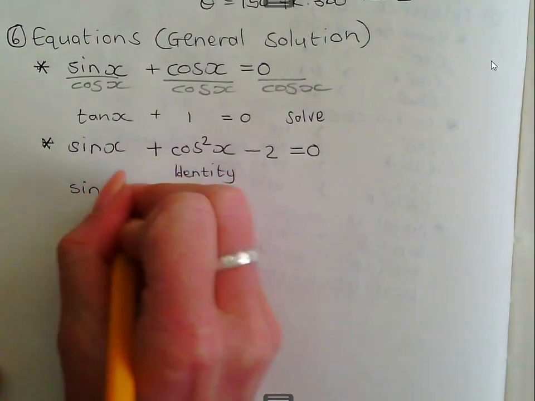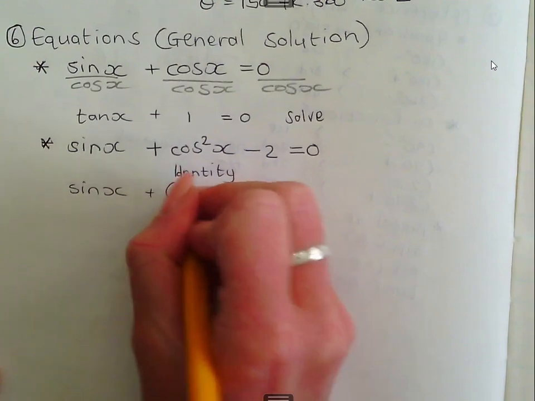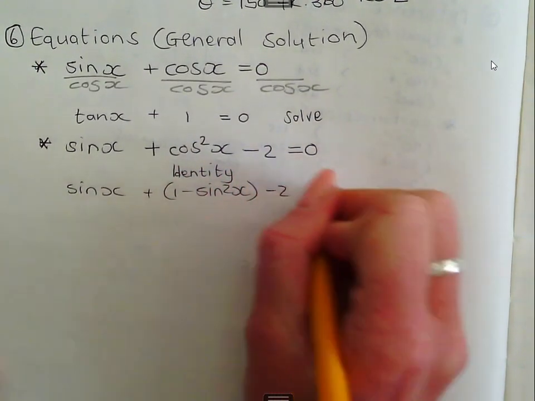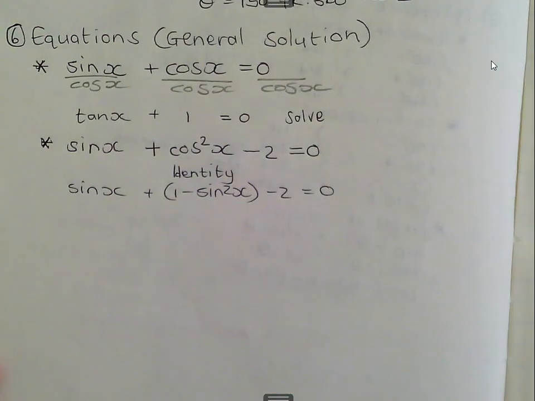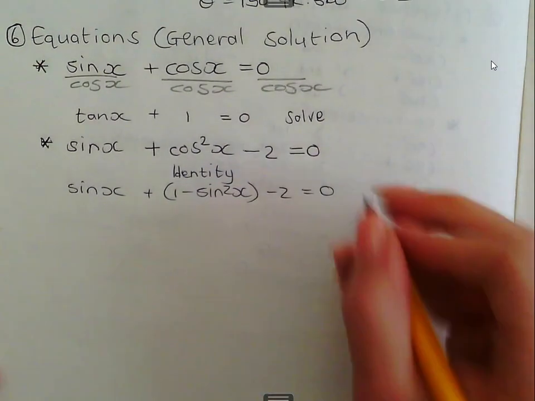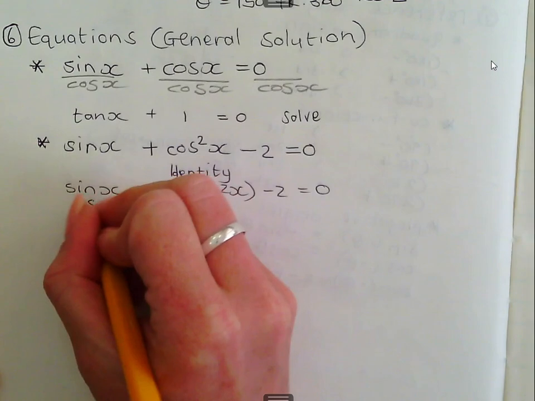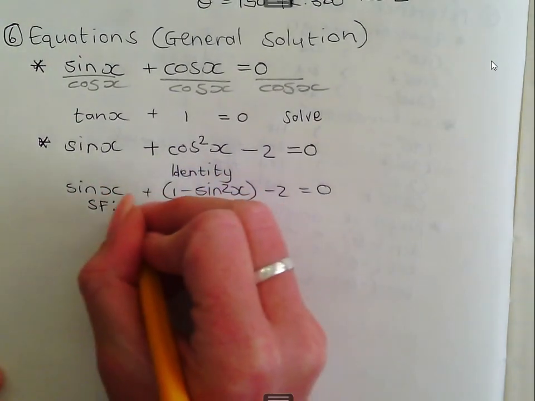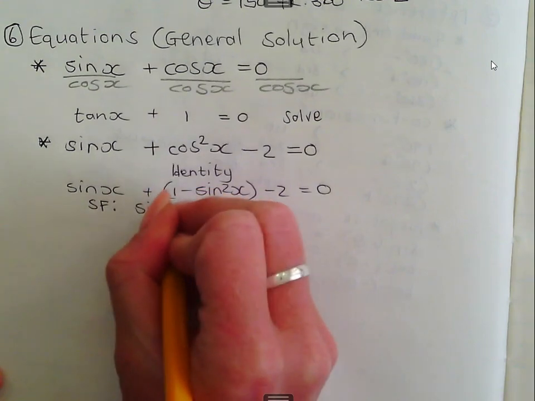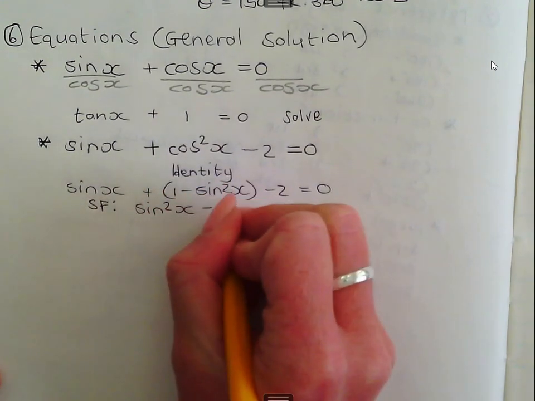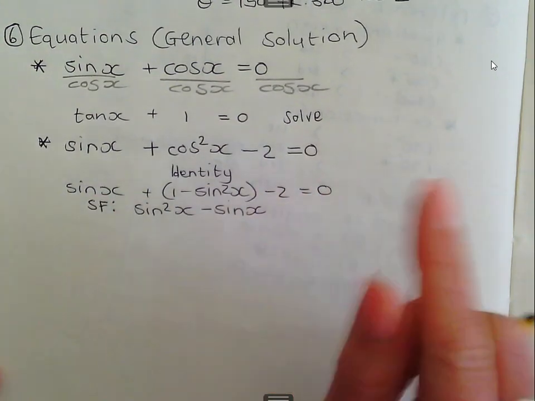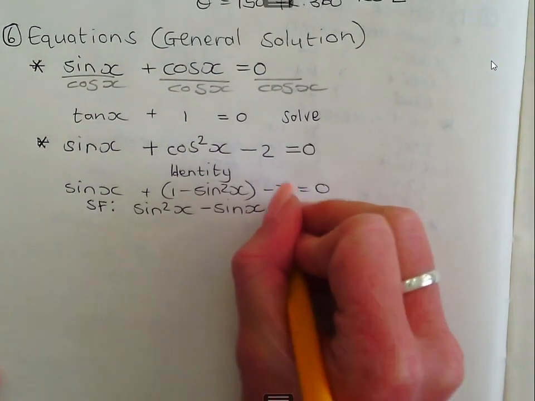Sin x plus 1 minus sin squared x minus 2 equal to 0. And then remember to get it into standard form. It's going to be positive sin squared x minus sin x plus 1 minus 2 is minus 1, so it's plus 1.